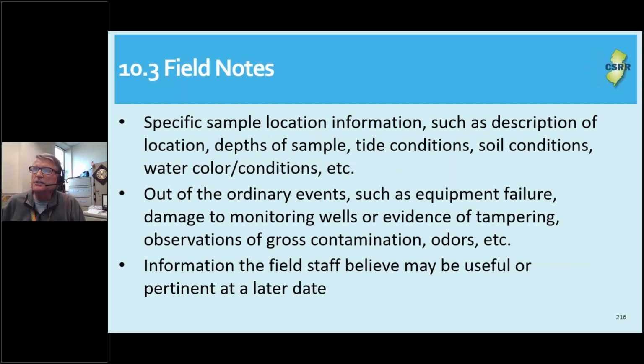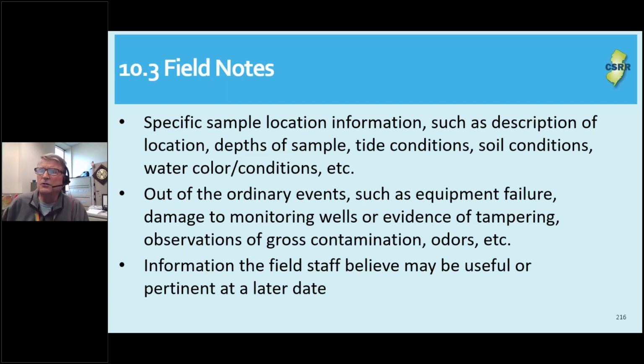Specific sample location information, such as the description of the location, the depth of the sample taken, tide conditions, soil conditions, water color, or any other condition that can be noted should be included in the field notes.